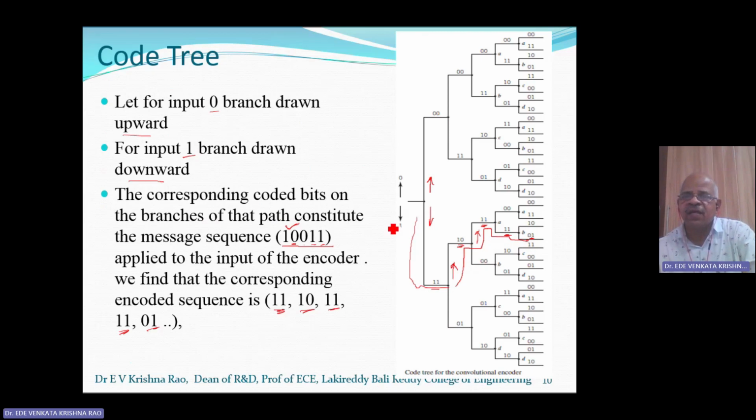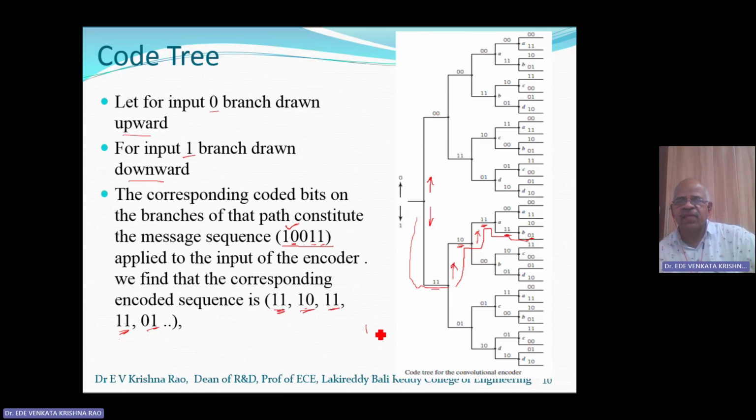Now see here, the code output can be traced like this. If we receive the convolutional code output 1 1, 1 0, 1 1, 1 1, 0 1, in this example, this is downward, message input 1.